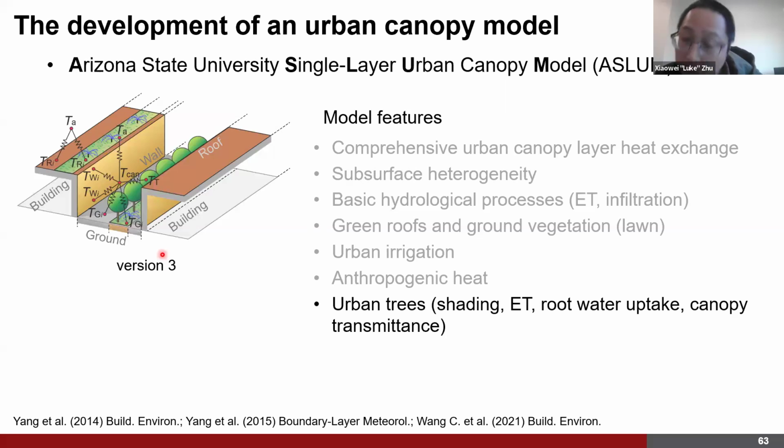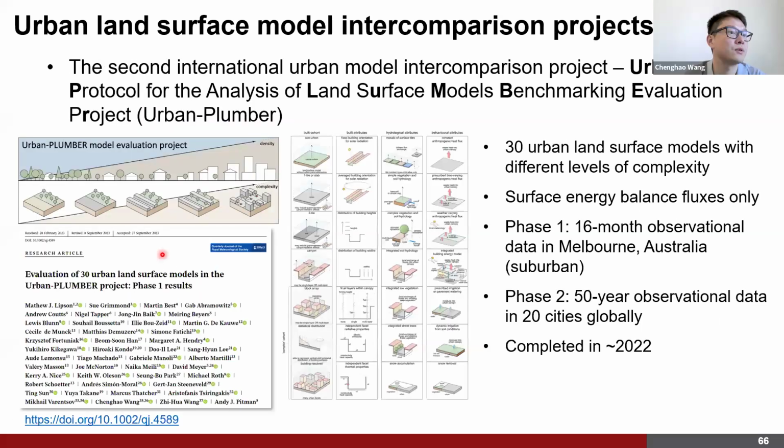So this model can be used to predict the energy balance? Yes, this is what we did in this one. We have 50 years of observation data in 20 cities, and we were given only the input forcing data, partially derived from flux towers, partially derived from ERA5 when we have observational gaps.